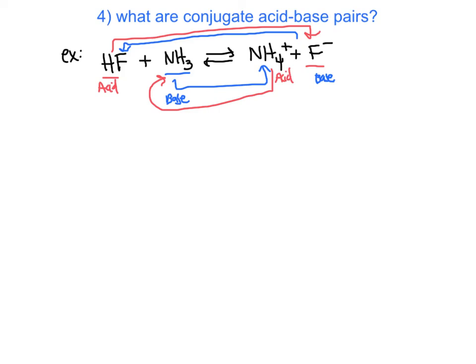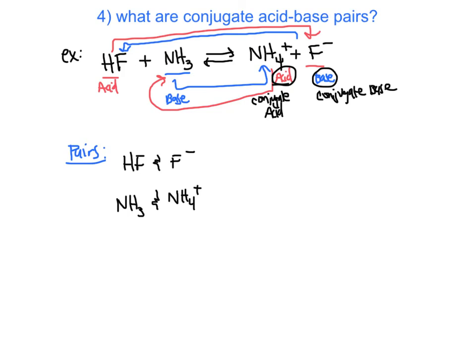To keep this all straight, because there are 2 acids and 2 bases in this reaction, we have what are called conjugates. Instead of just calling it a base, we call it a conjugate base. And this is your conjugate acid. So in the forward reaction, there's an acid and a base, and in the reverse reaction, there's a conjugate acid and a conjugate base.